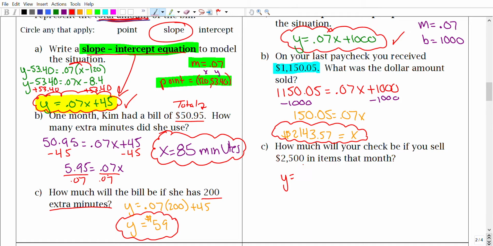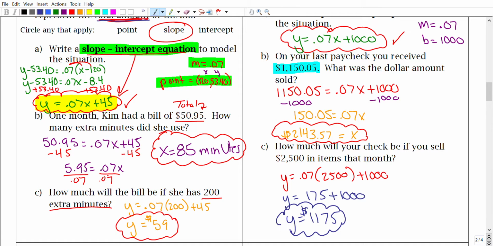It's going to be Y equals 0.07 parentheses 2,500 plus 1,000. Okay, if you multiply that out, let's see what we get. 0.07 times 2,500 is 175 plus 1,000. We get $1,175. Don't forget your units. So $1,175.